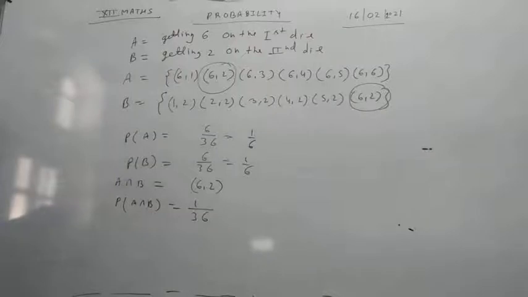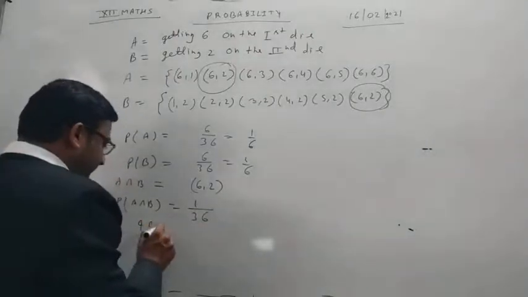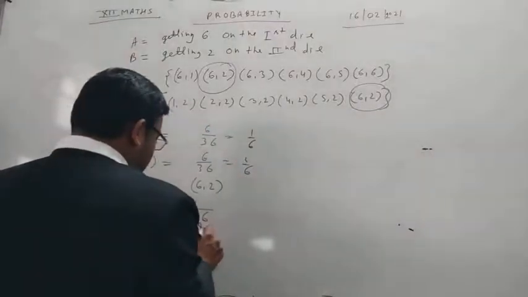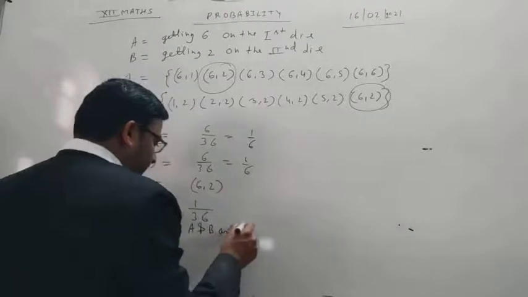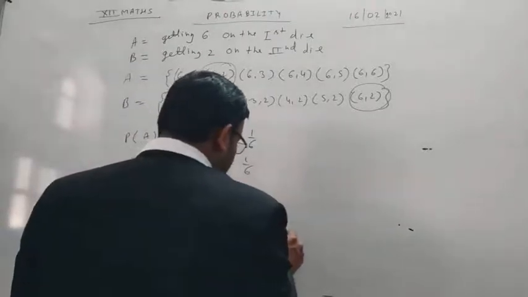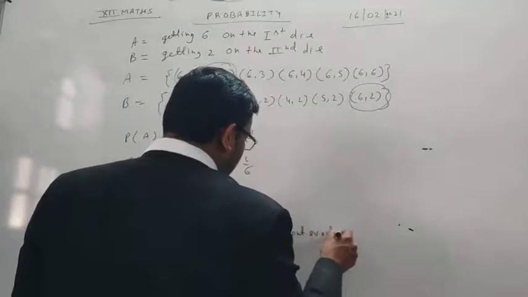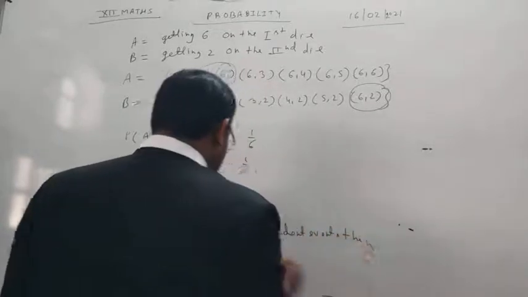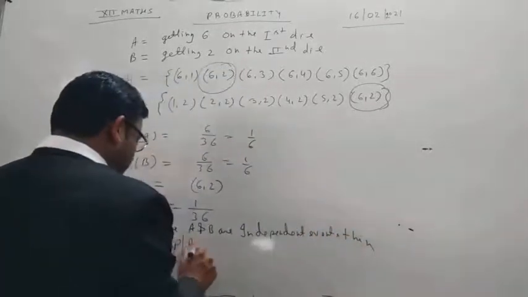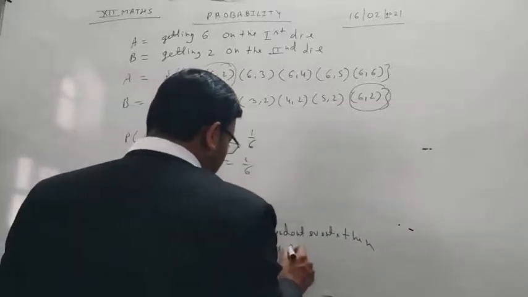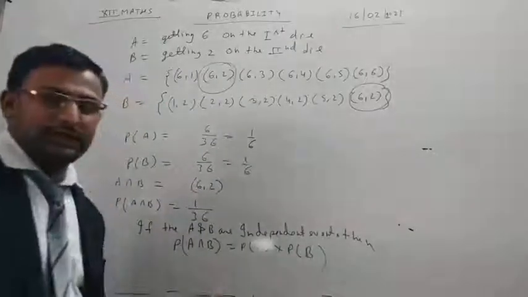Okay students, now we see that if A and B are independent events, then the condition is probability of A intersection B is equal to probability of A into probability of B. This is the condition, students.